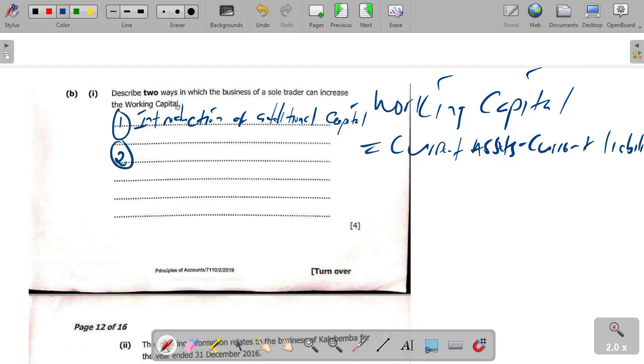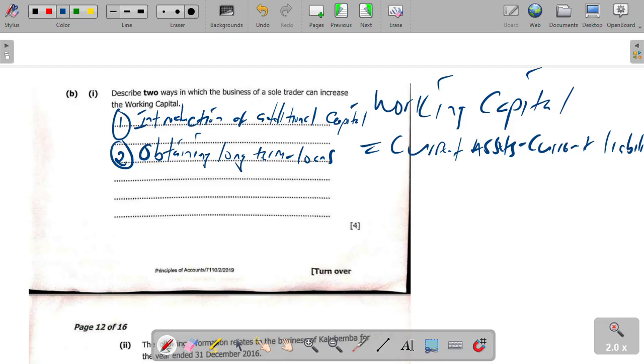Okay, second point, obtaining long-term loans. What do we mean here? A sole trader can do this by taking out a non-current liability, for example a 5-year bank loan. So a non-current liability is a loan. How does it help?